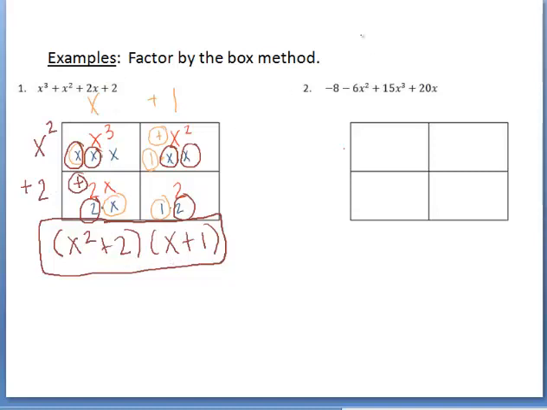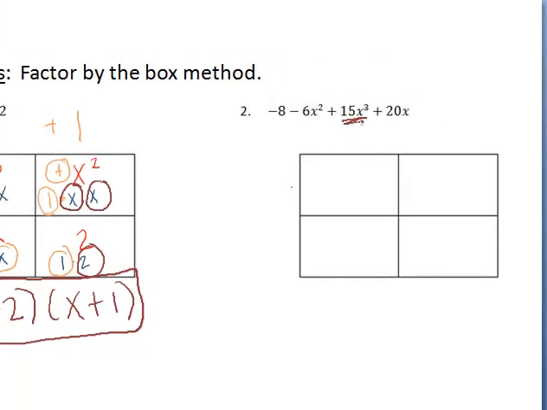Alright, let's move on to example number 2. The first thing you're going to do in example 2 is put them in the box in descending order. So it's not in descending order right now, so the first term that would come first in descending order is 15x to the third, and that's going to go in my first box.